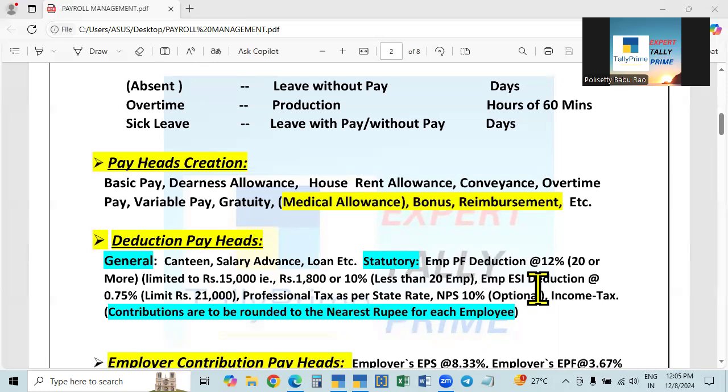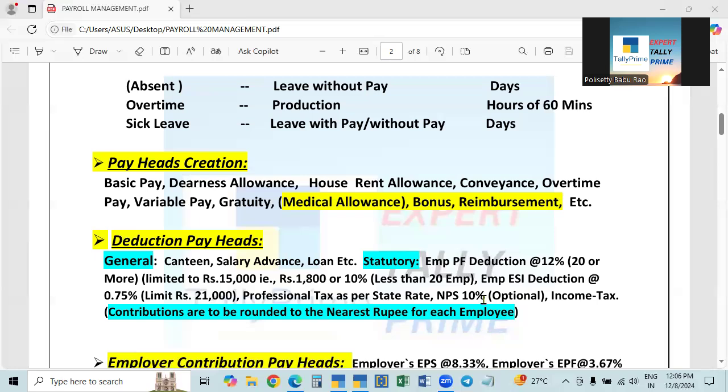With the Provident Fund organization, the employee is to be registered, and with the Employees State Insurance Corporation under the ESI Act, and under the National Pension Scheme, NPS, he has to register like this.